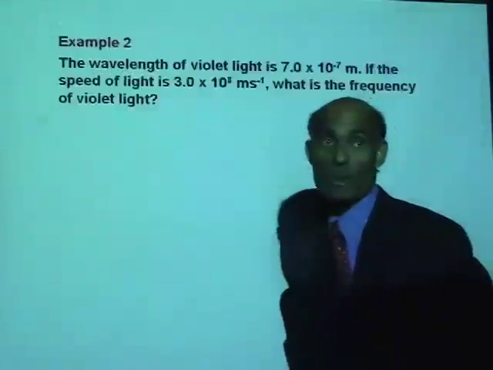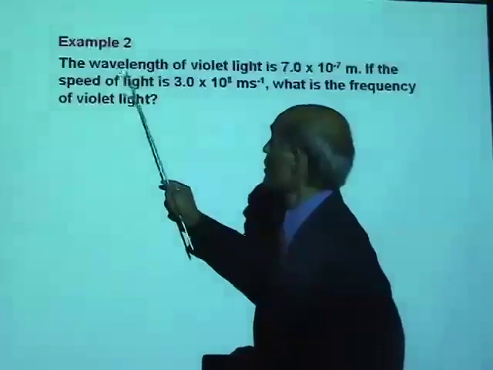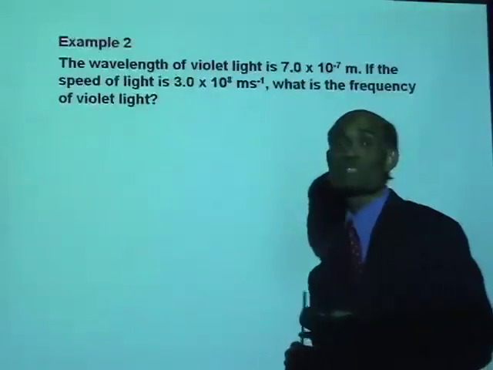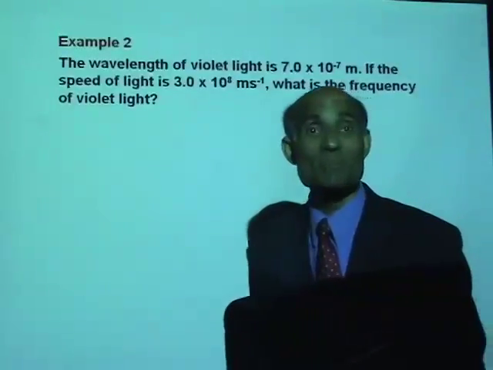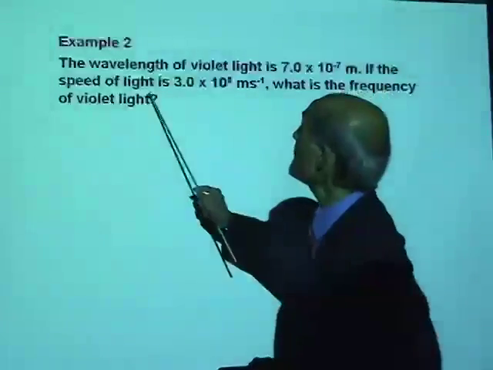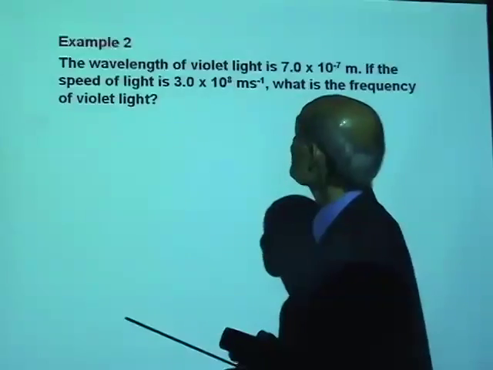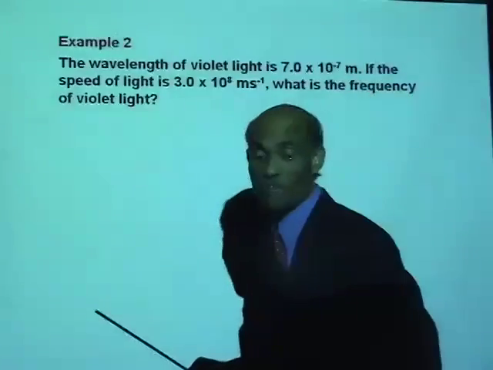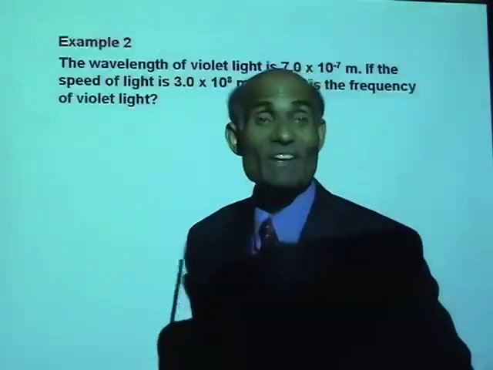Okay? Another one. Example 2. The wavelength of violet light is 7 times 10 to the negative 7 meter. If the speed of light is 3 times 10 to the 8 meter per second, what is the frequency of violet light?